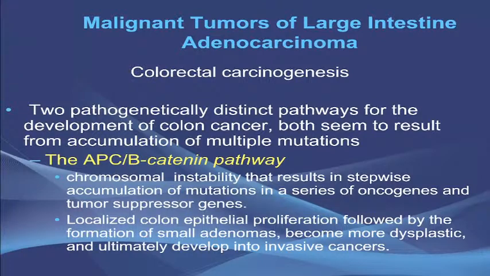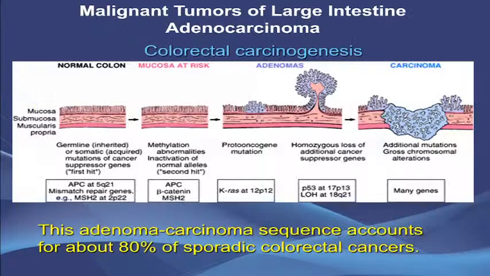Then there's localized colon epithelial proliferation, followed by formation of small adenomas that over time become more dysplastic and ultimately develop into invasive cancers. And this is depicted very well in this diagram borrowed from Robbins.